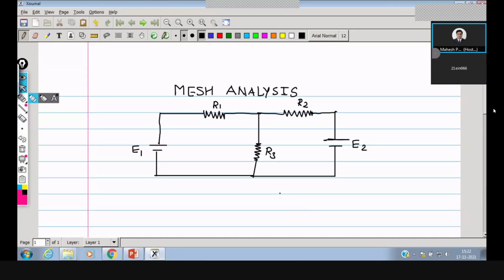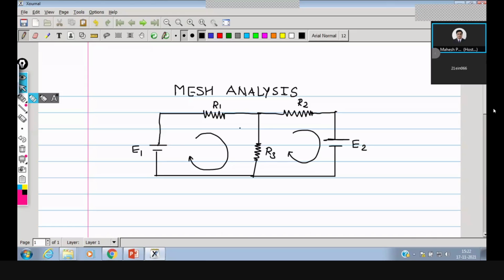Fine. So in this network, first of all, we have to identify how many meshes are there. As we discussed previously, we can identify that there are two different meshes. So here there are two unknown variables that we need to find out. Okay.